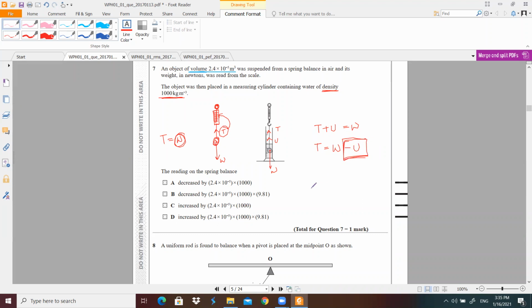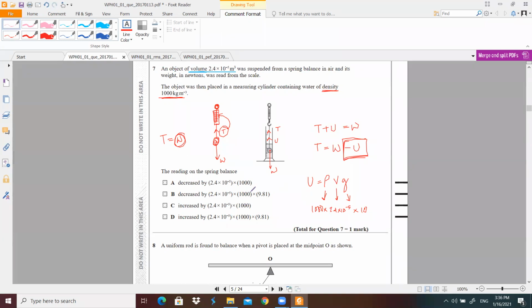And we all know the equation for upthrust. Upthrust equals rho v g. For upthrust, rho is always the density of the fluid. What is the density of the fluid? 1000. V is always the volume of the object, as in 2.4 times 10 to the power minus 5. And finally, g is, we know, 10.